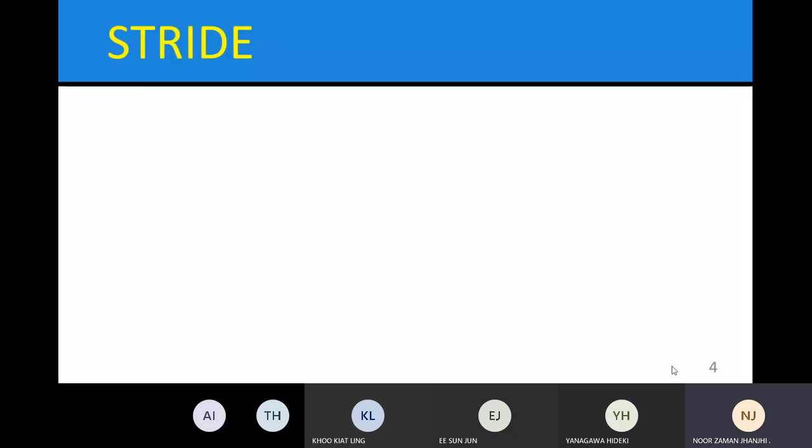What is STRIDE? Normally we call it stride, which is okay. As we discussed, each letter represents one threat, one attack, one issue. What do we mean by these? S stands for spoofing.